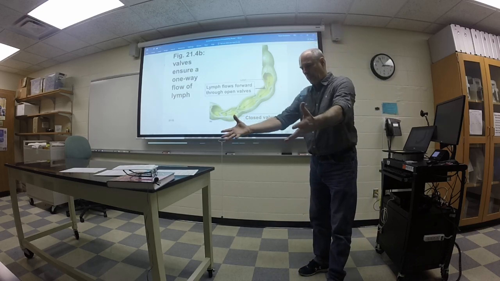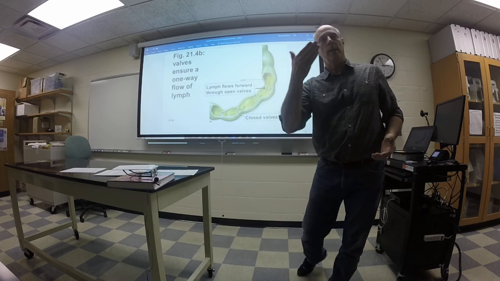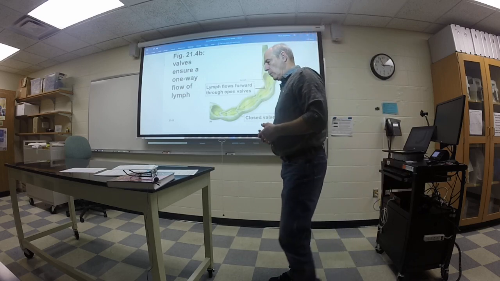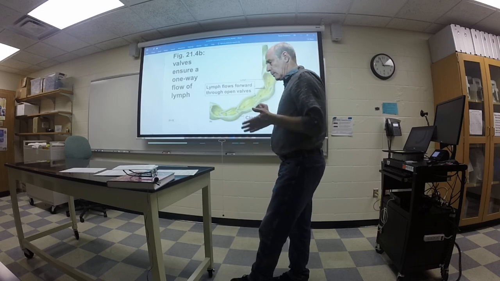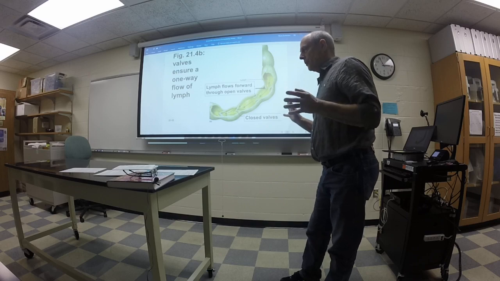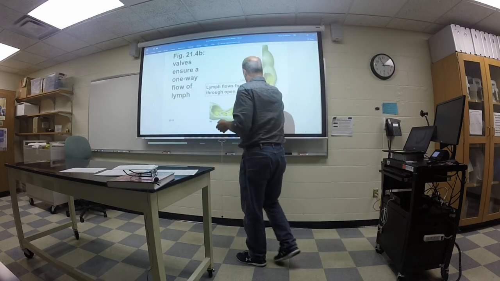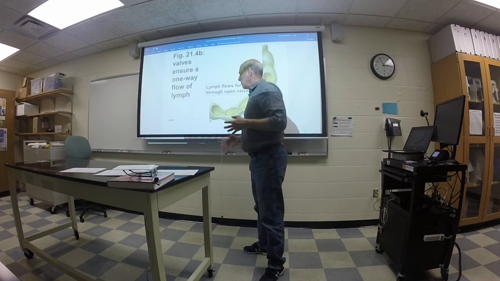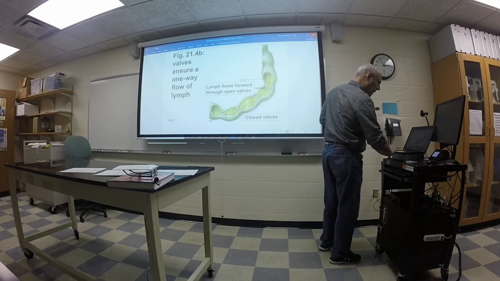Lymph is picked up out in the tissues and it's carried back to the circulatory system. It's a one-way trip. And so we're going to see a structure similar to the circulatory system, but not quite the same. So, yeah, that's a lymph vessel, if you will. You've got some major lymph vessels in your body.